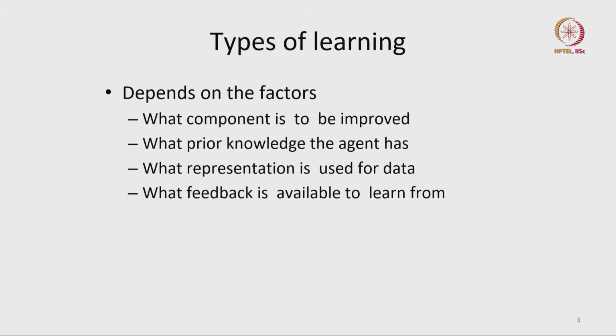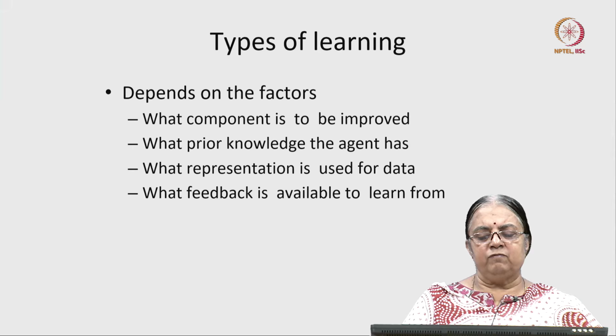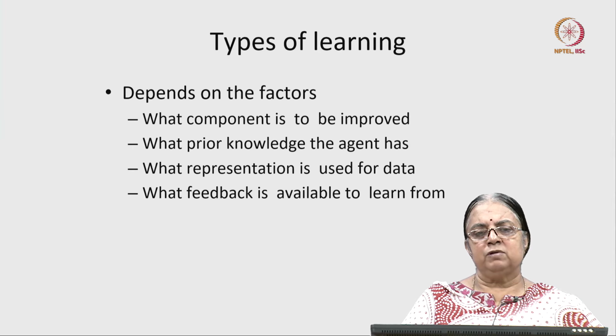So, what is the learning which has to be done in the agent? You have to see which components have to be improved, what prior knowledge the agent has, what representation is used for the data, and what feedback is available to learn from.